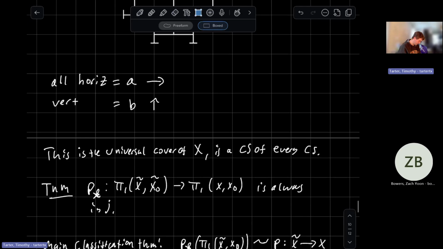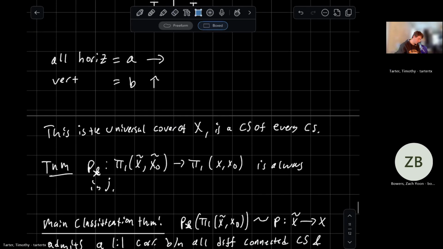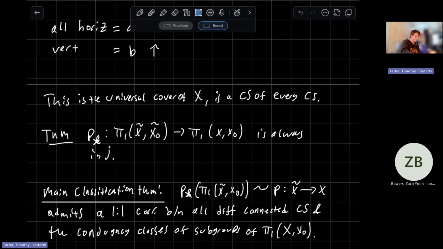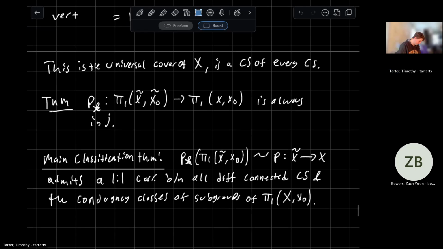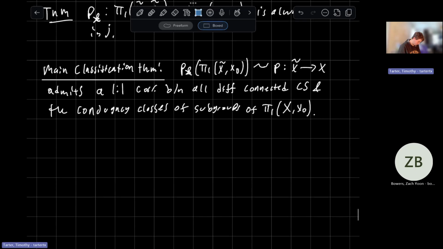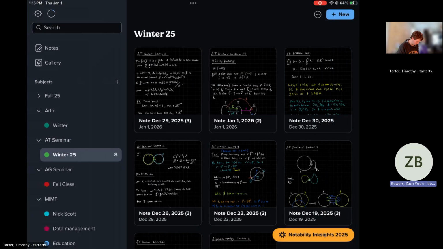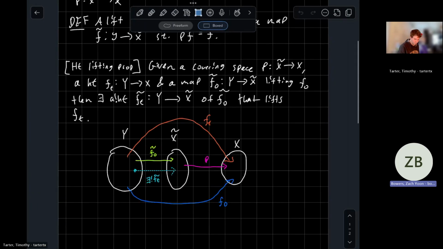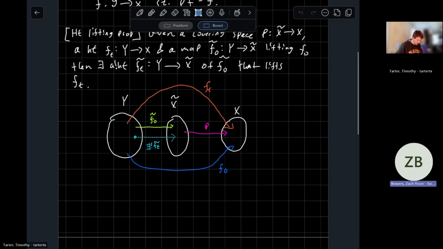Oh, wait. What is happening? I will say that the proof for this proposition they give as part of theorem 1.7. Let me see if I can look at it.